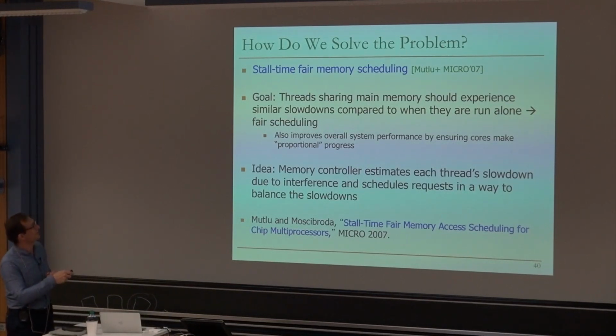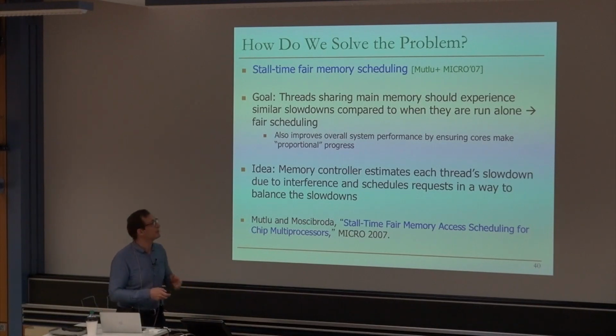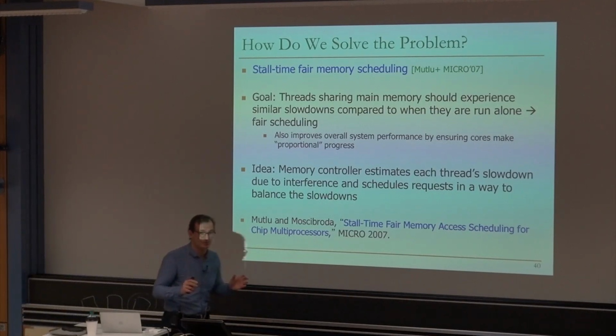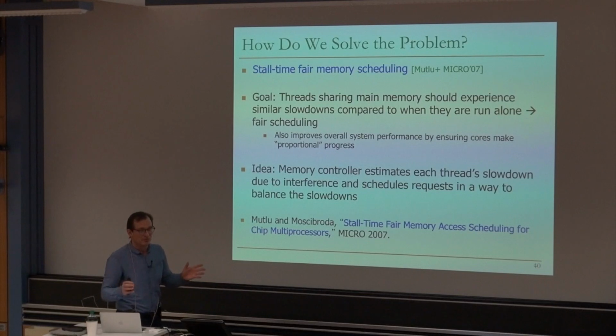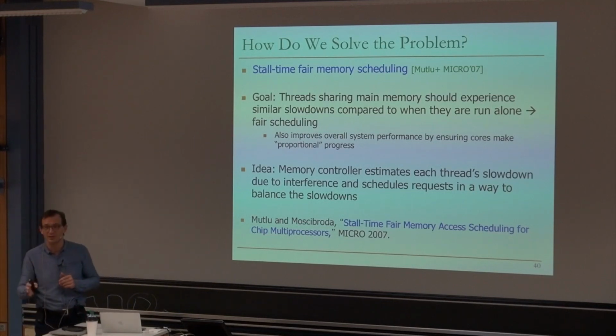So that's the idea over here. It's called stall time fair memory scheduling. And the goal is the threads that are sharing the memory system should experience similar slowdowns compared to when they run alone. And that's the definition of fairness in this work. The system is fair if the slowdowns of the threads compared to when each of them is run alone is equal.